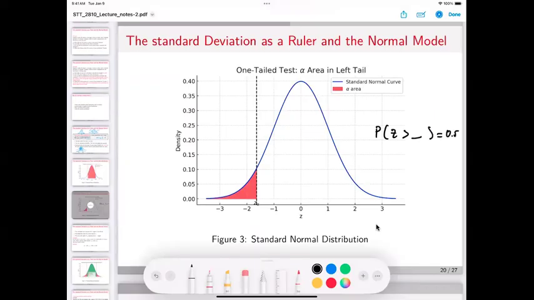Okay? So it means that if we try to sketch that, you should always try to sketch. And then here is that z value. And then remember, here is greater than 0.5. Here is 0.5. But because we want to use the standard normal table to read or read from StatCrunch, we want to focus on the area shaded to the left. So we want to focus on this area here.